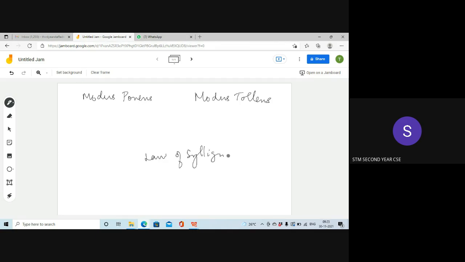According to modus ponens, P implies Q and P gives Q. According to modus tollens, if we have two premises, P implies Q and another statement not Q, you can take the conclusion not P. This is what we used in our last step. Then according to the law of syllogism, P implies Q and Q implies T, you can conclude P implies T. These are the three laws which we had studied.